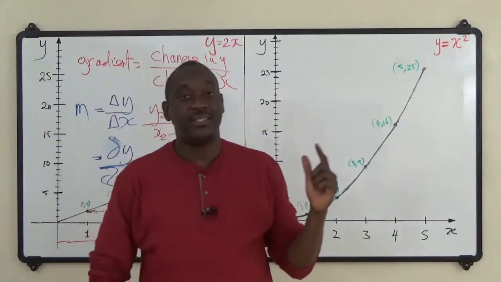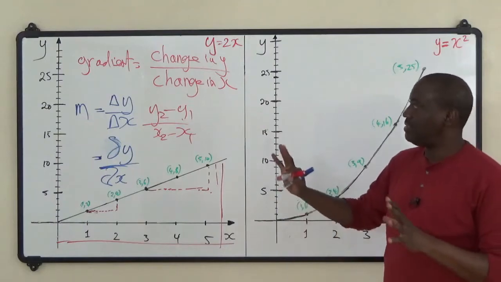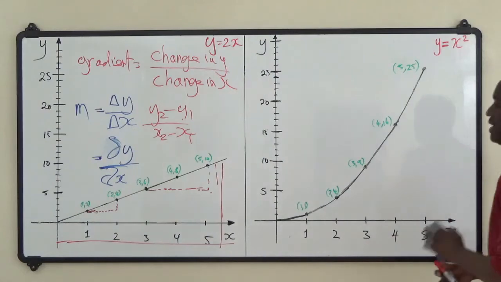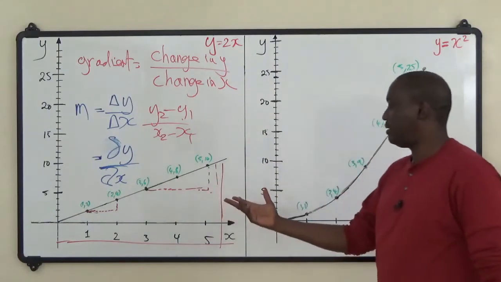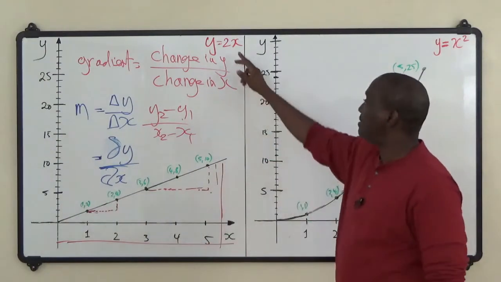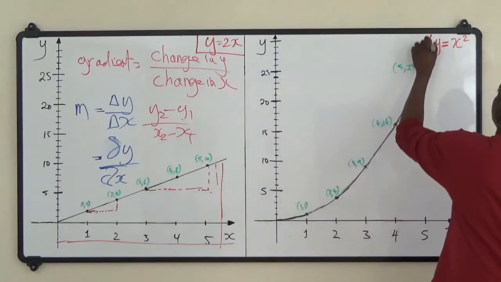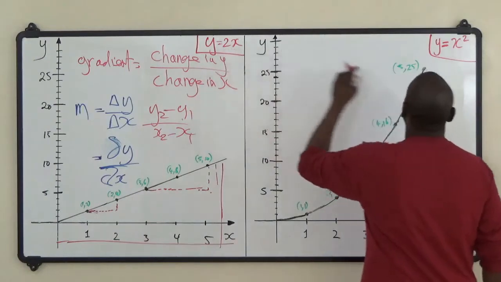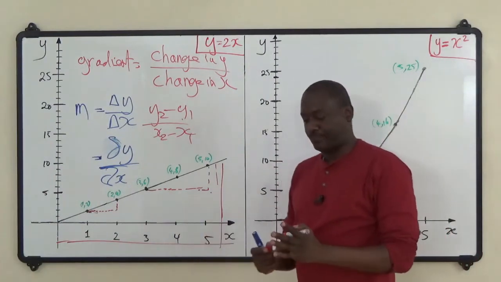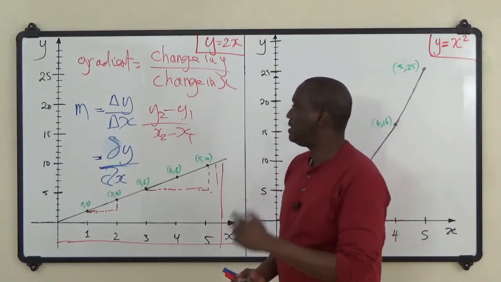So what I'm going to do here is demonstrate the difference between the straight line and the curve with respect to certain basic concepts. The first concept is the concept of the gradient of the entire line. We could have the gradient of the entire straight line. And because the equation of this line is y equal to 2x, we know instinctively by simply looking at the equation that the gradient of this line is 2, which is to say that the ratio of the change in y to the change in x is equal to 2.